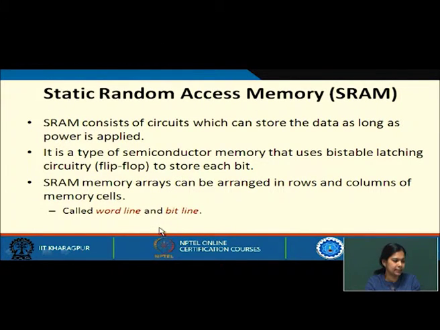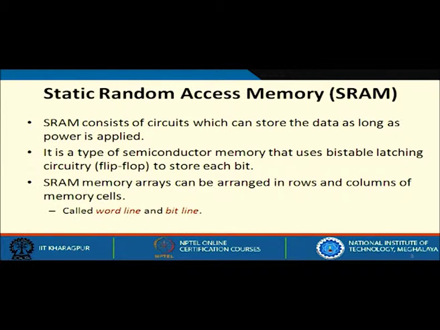SRAM memory arrays can be arranged in rows and columns. We have already seen how a memory cell is organized in terms of rows and columns, with one bit of data at each position.